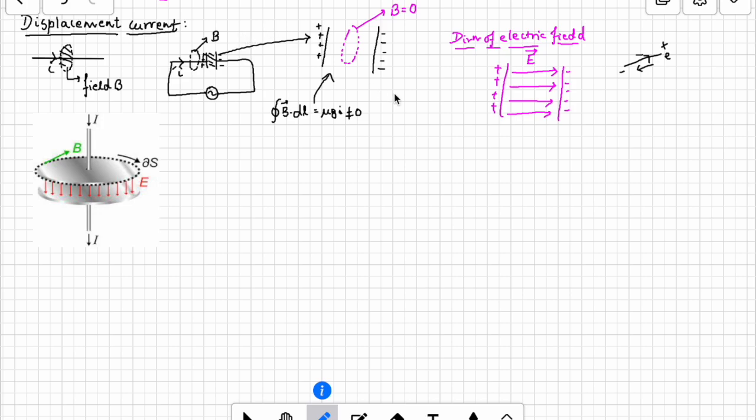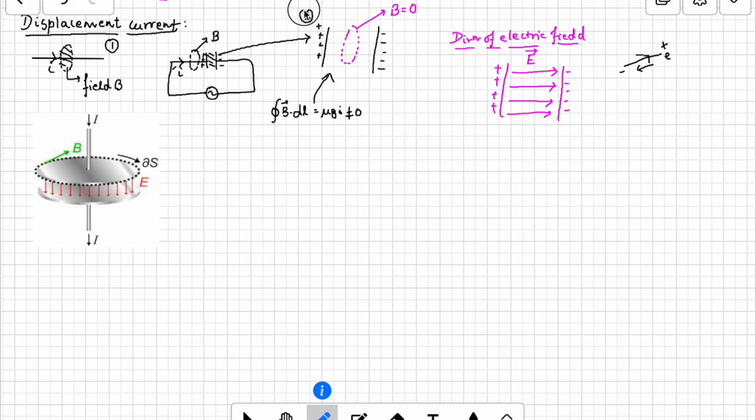This is called the displacement current, and this current is because of the changing electric field. If you really want to write this down, we can say that this is my situation 1 and this is my second situation.